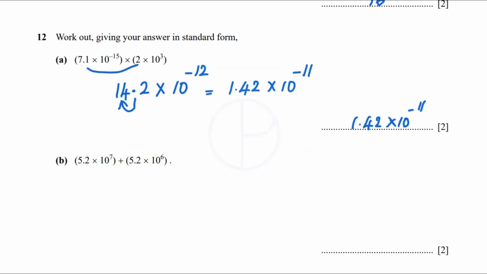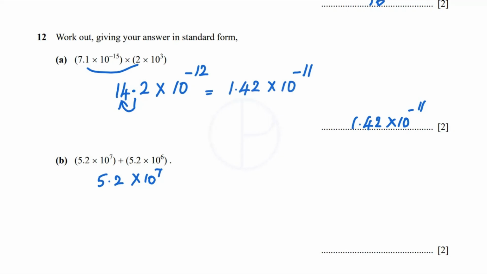Next, 5.2 times 10 power 7 plus 5.2 times 10 power 6. So we need to add the numbers, but the powers are different. So let's convert these numbers into equal powers. Okay, first 5.2 times 10 power 7.